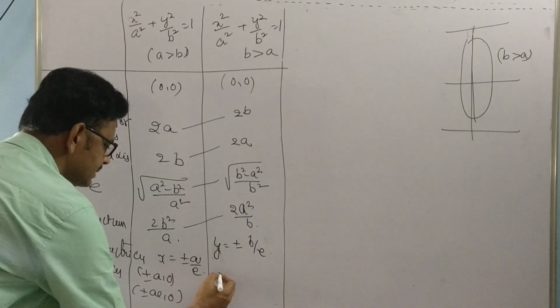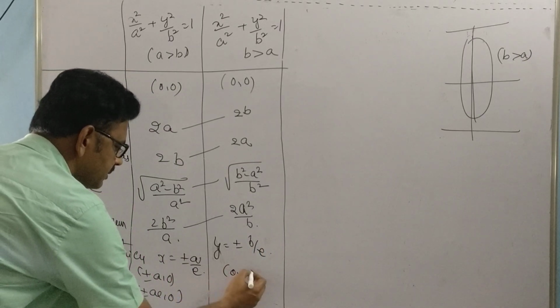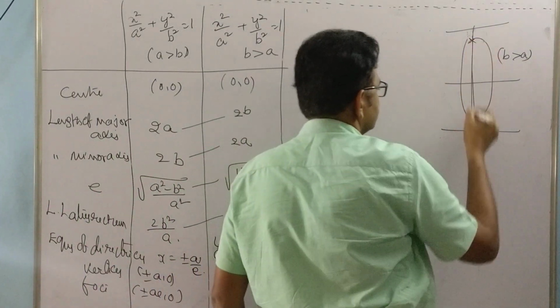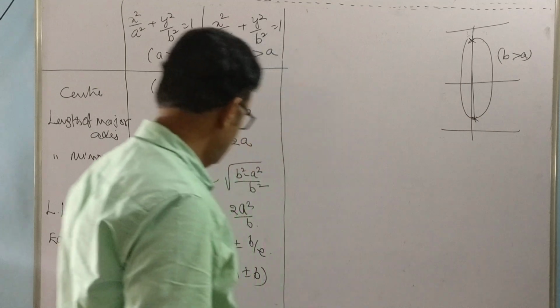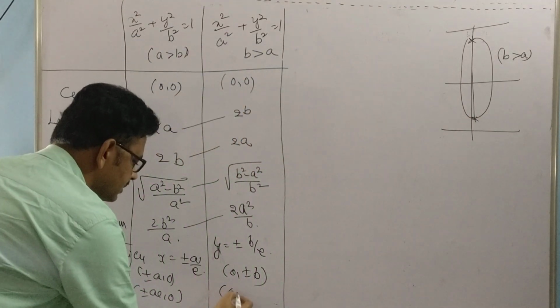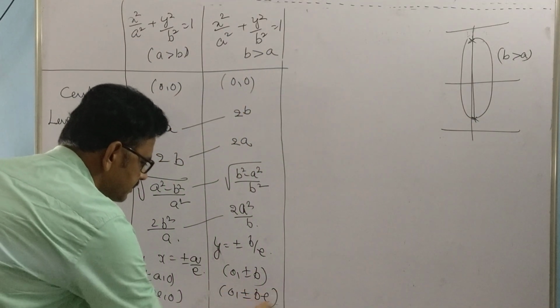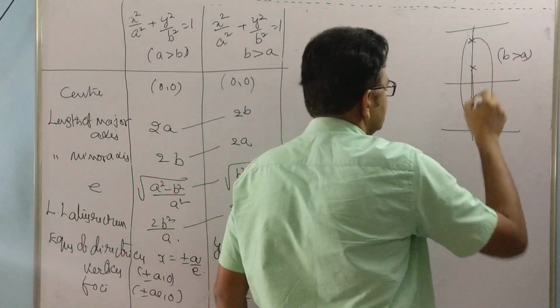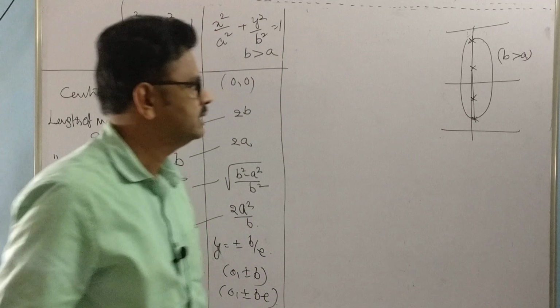Coordinates of vertices 0 comma plus or minus b. So these are vertices. And foci 0 comma plus or minus be. So this is focus 0 comma be, 0 comma minus be.